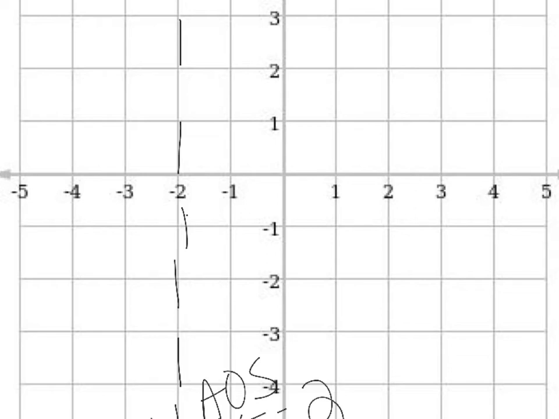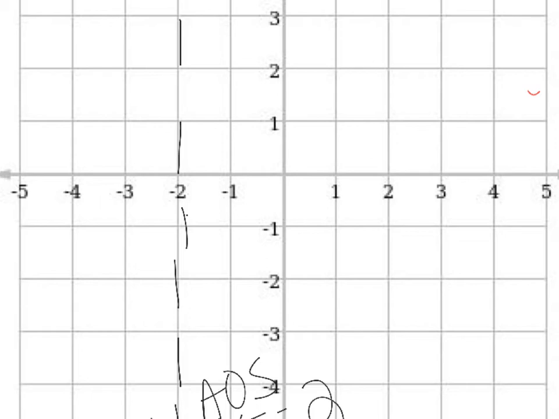I can still use the idea that the perpendicular bisector, the axis of symmetry, is halfway to the pre-image. There are 3 units between the pre-image A and the midpoint on the axis of symmetry. So if I go 3 units in the opposite direction, I'll wind up where A prime is supposed to be. A prime is located right here at (-5, 4).